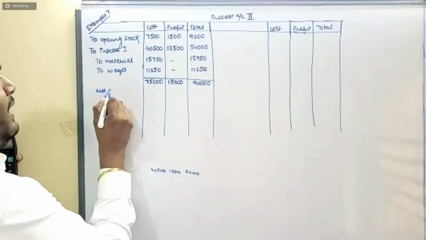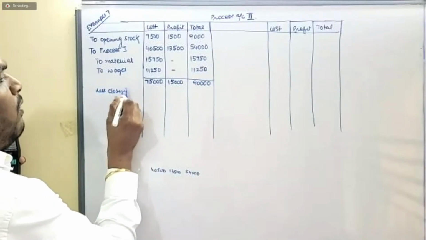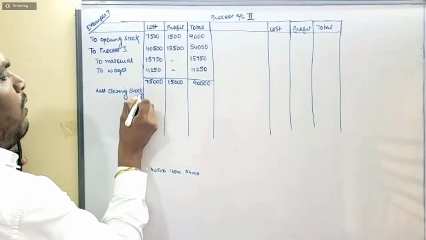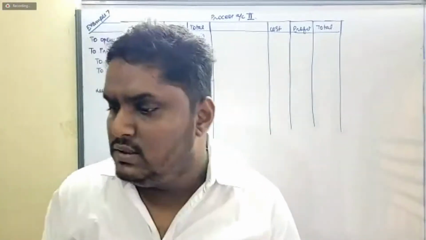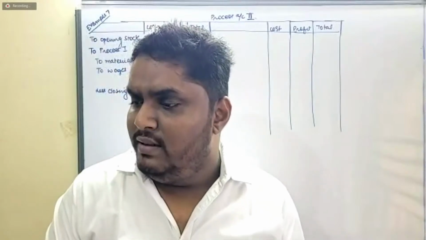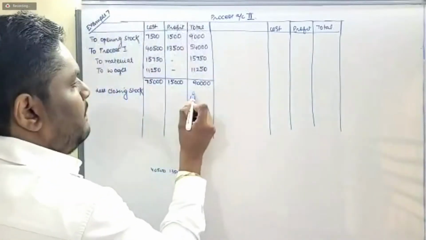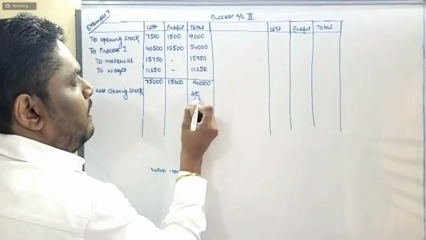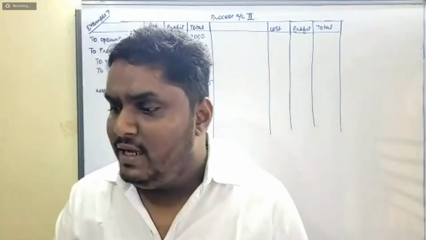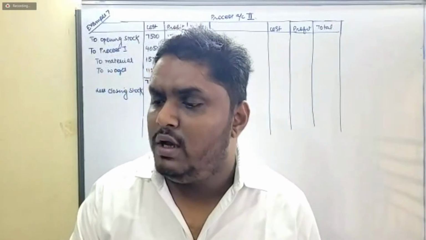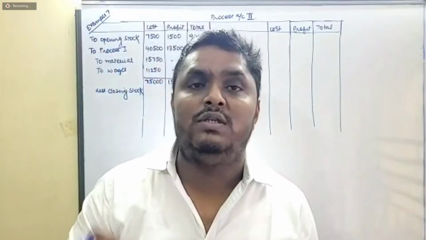Now we have to subtract closing stock. Now herein the closing stock is given in the question, that is 4,500. Now guys, it is given in the question that closing stock is valued at prime cost.